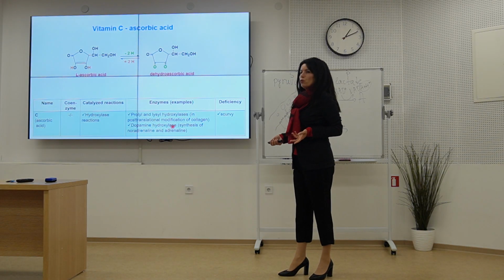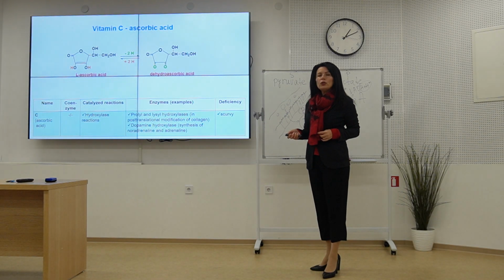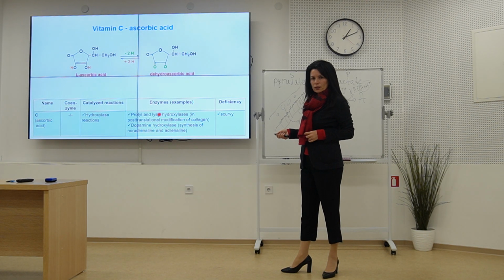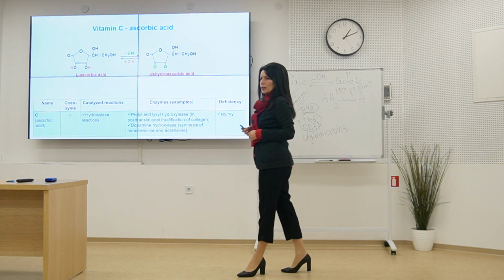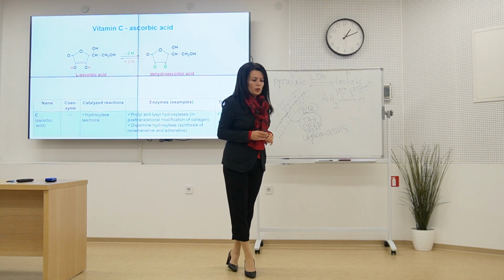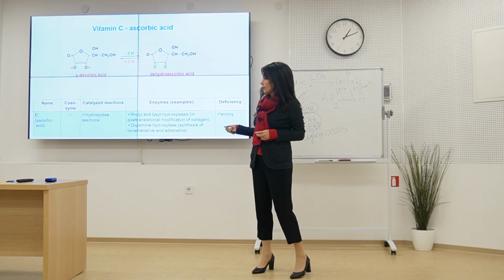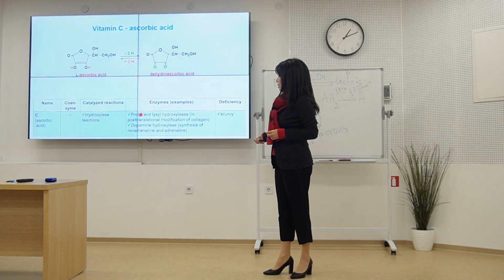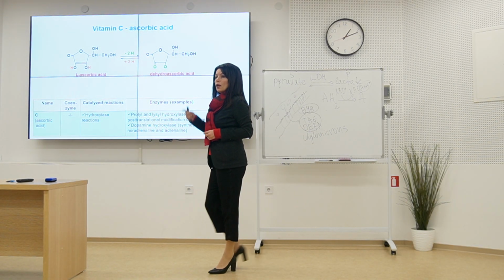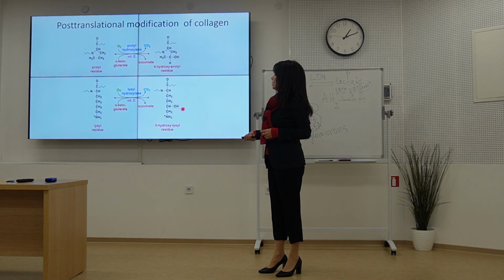The first one, that you know from the first lecture, by the way, is its use as a cofactor of two enzymes, prolyl and lysyl hydroxylases. Do you remember the synthesis of collagen? In the synthesis of collagen, we said something about the so-called post-translational modification of these two amino acids: proline will be converted to hydroxyproline, lysyl to hydroxylysyl.